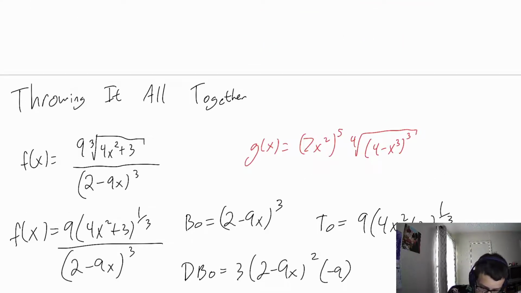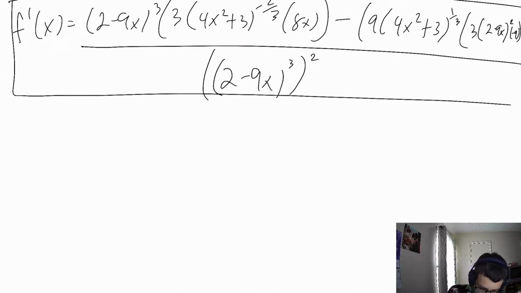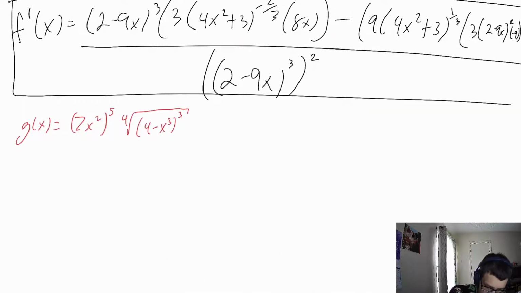And then this red function over here, let me just copy and paste it. Here we need to use the product rule because we have things multiplied together. But let's first begin by writing everything with exponents.